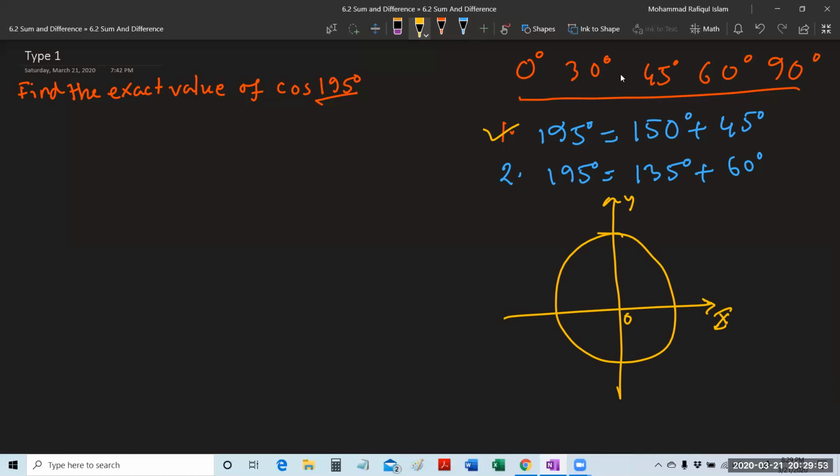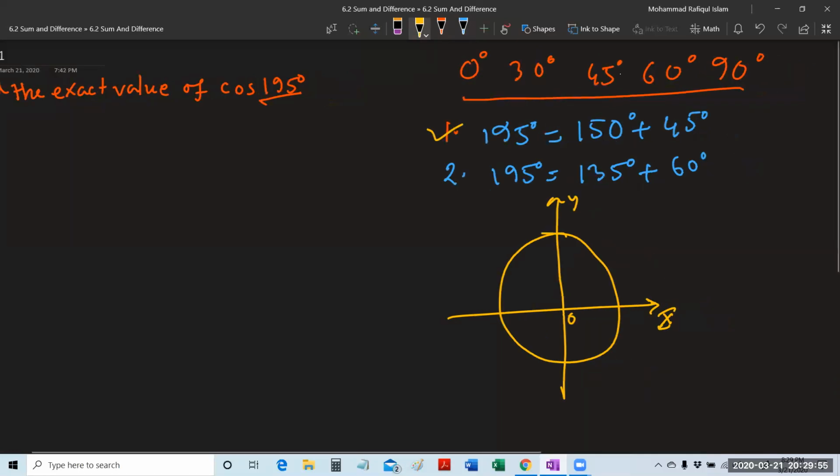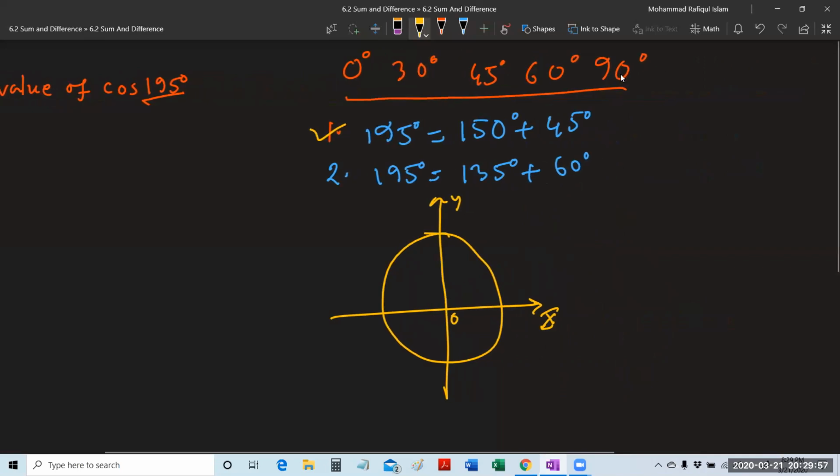So the 150 degrees can be written as 5 times 30 degrees plus 45 degrees. So the angle 30 degrees is here, and 5 times of that will be in the second quadrant.